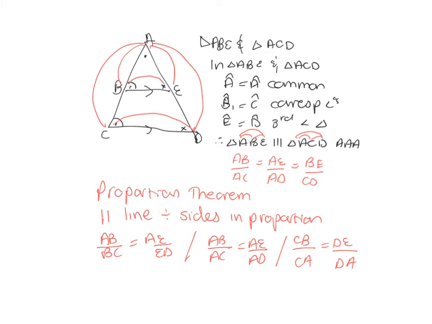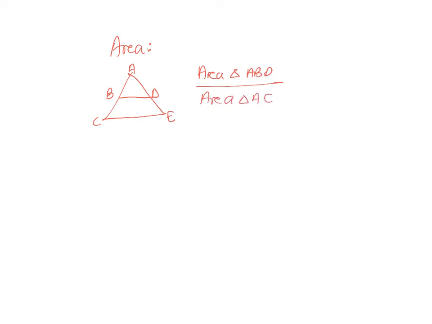Now, a very important thing is that they ask us area, and this also people don't like. So if we have our basic A, B, C, D, and E, our area of triangle ABD over area of triangle ACE is half AB times AD, sine of A, because A is common, over half AC times AE times sine of A, because A is common.